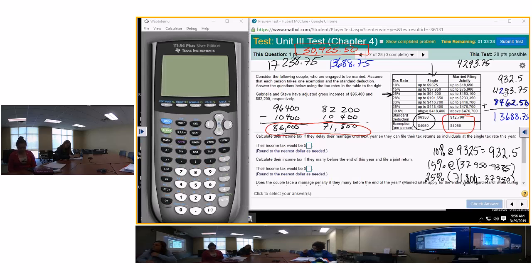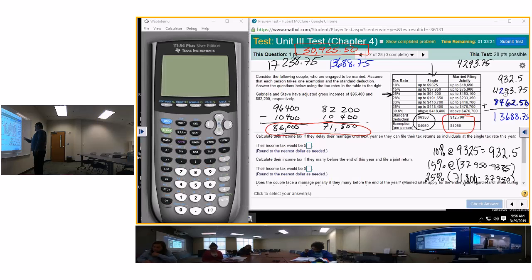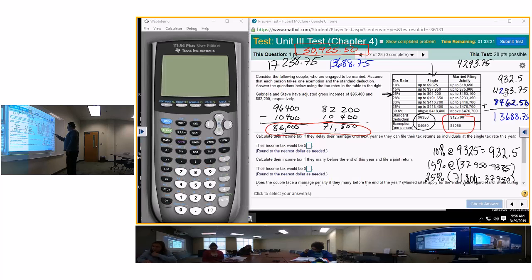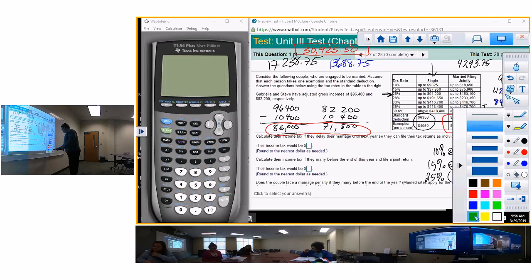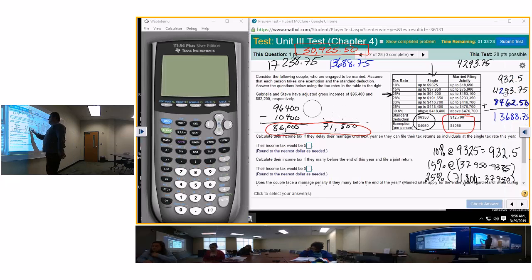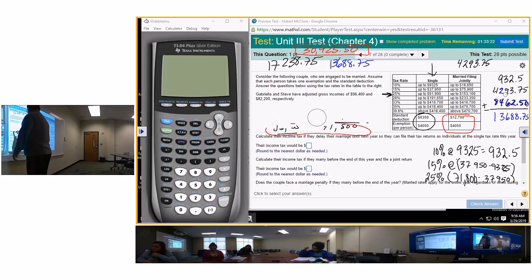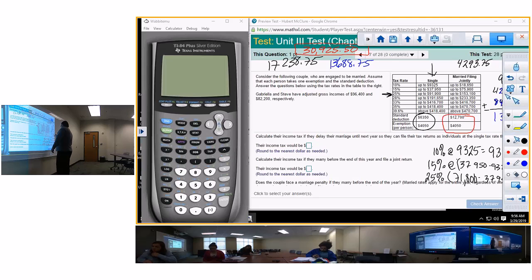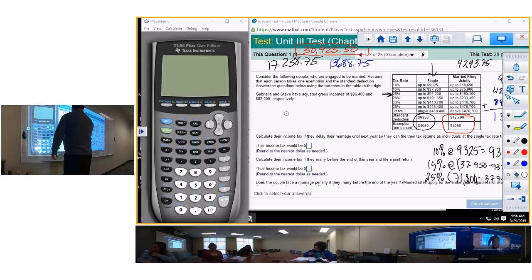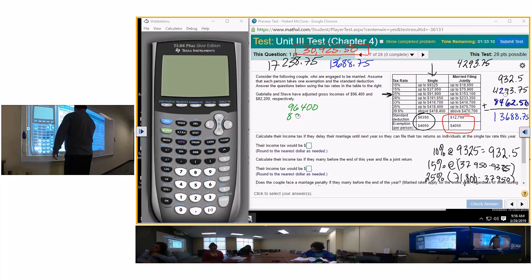I'm going to do this in green because we're going to do a different problem here. I'm going to take 96.4 and 82.2 and add those together.